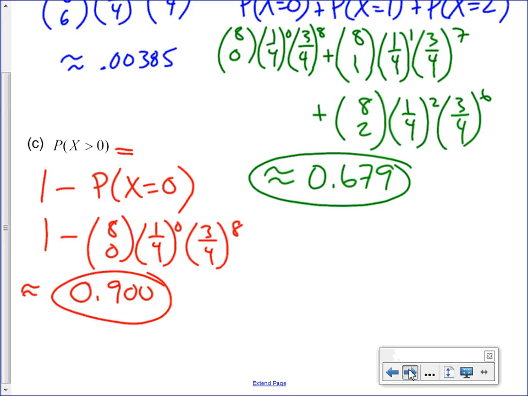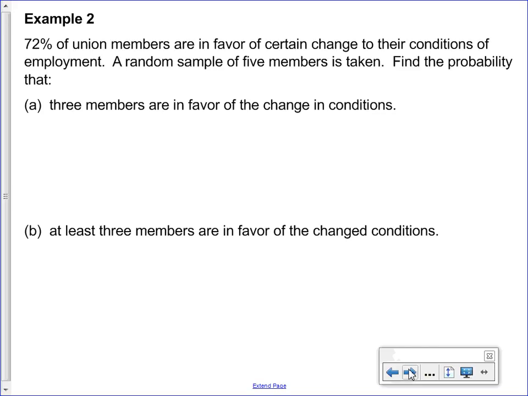Lee, did you say word problem? Yeah. Here we go. 72% of union members favor a certain change in their conditions of employment. A random sample of 5 members is taken. Find the probability that 3 members favor the change, and at least 3 members. So would you agree that the distribution is binomial, first of all? What's n?